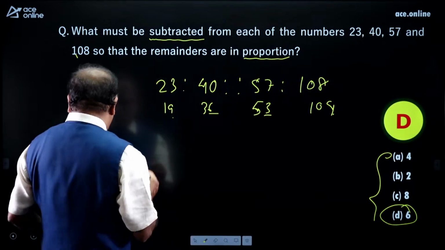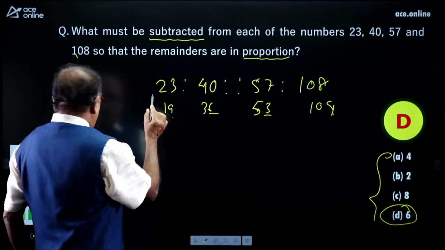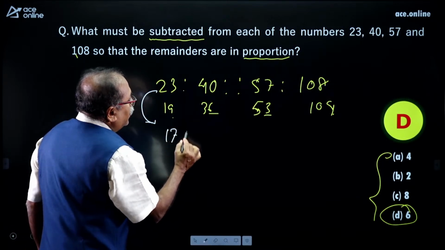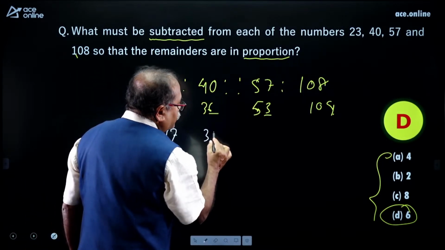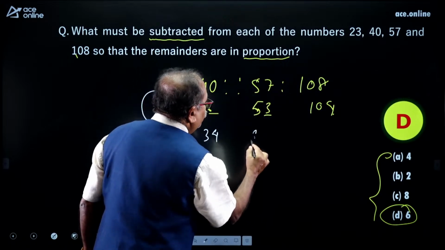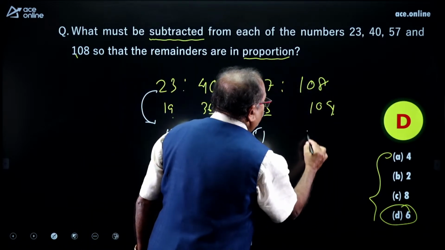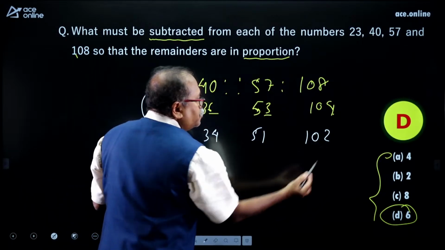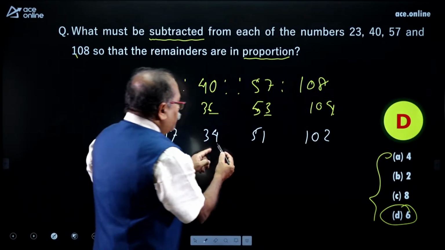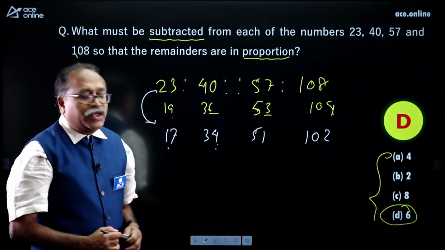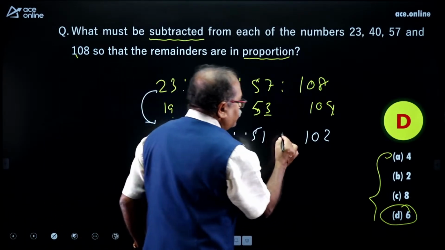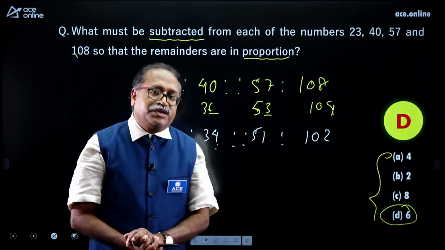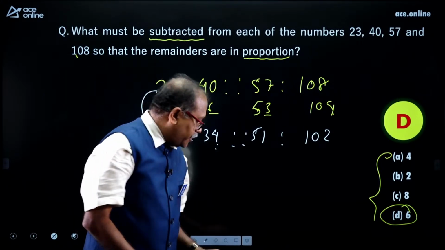You will get that 6 fits. If I subtract 6, this comes to 17 here, 34 here, 51 here, and 102 here. The very first thing I will check is the unit digit. 7 into 2 is 14, the unit digit is 4. 4 into 1, the unit digit is 4. And you can verify the rest also. You will get that 6 is to be subtracted. Option D. Right, my friends?